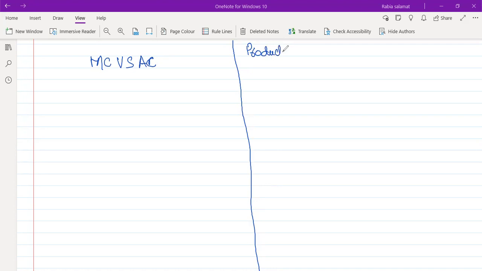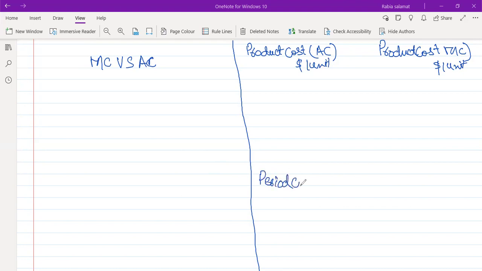Product cost in absorption costing, product cost in marginal costing. Period cost in absorption costing and period cost in marginal costing.